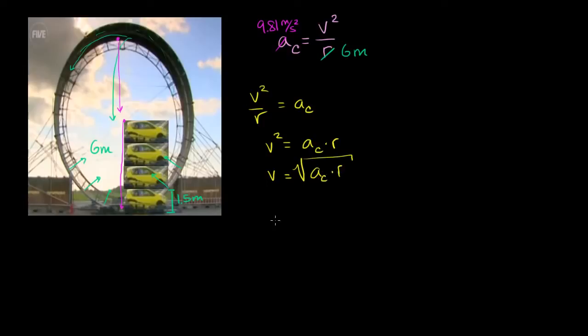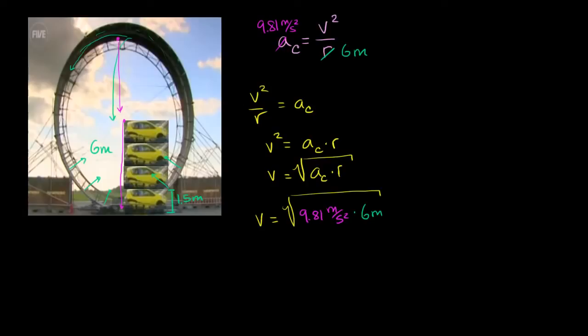And then if we plug in these numbers, this velocity that we have to have in order to stay in the circle is going to be the square root of 9.81 meters per second squared, times 6 meters. And you can verify that these units work out. Meters times meters is meters squared per second squared. You take the square root of that, you're going to get meters per second.